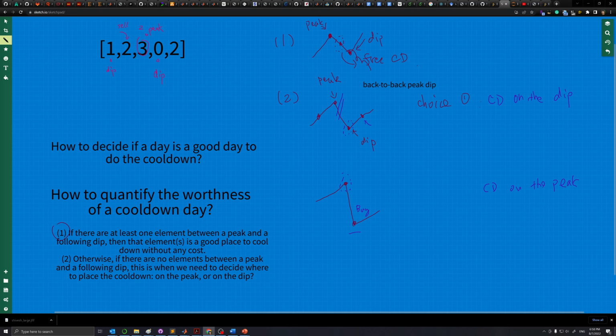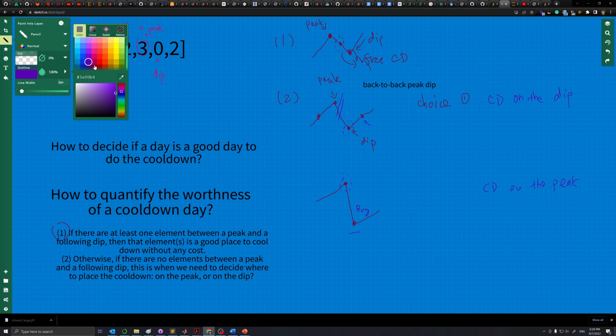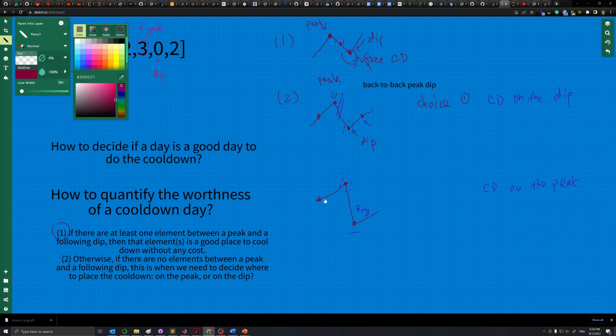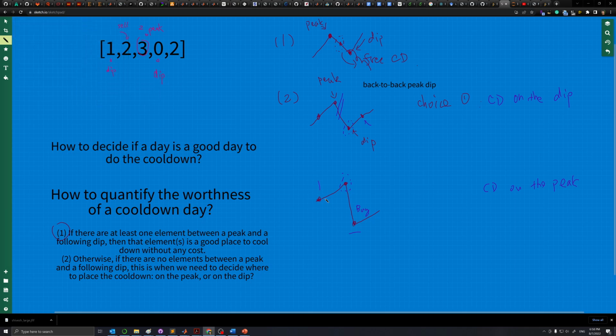But then we would sell earlier, right? Basically, that means we would have to sell earlier. Like here, yeah, we would have to sell earlier. Let's use the purple color again. That means we're going to have to sell here.